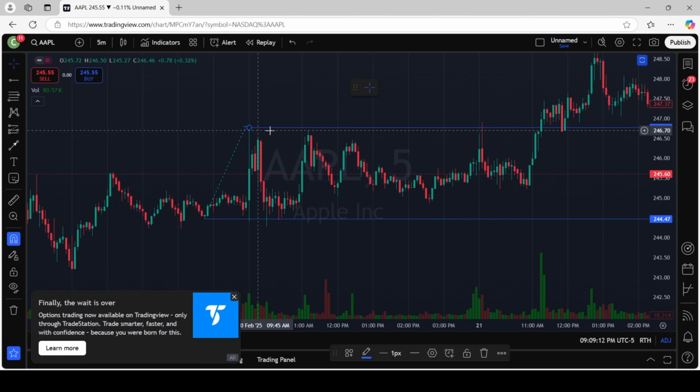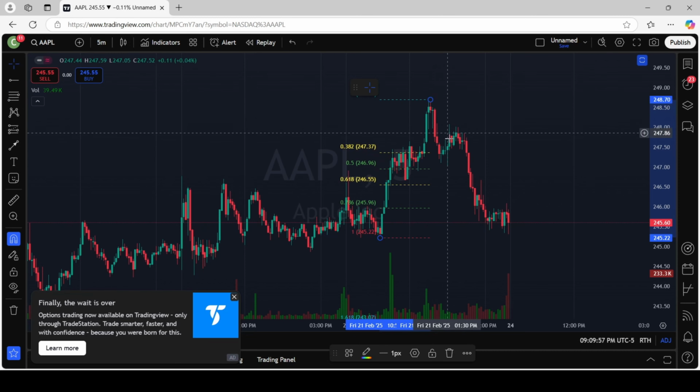And here's one more. All right. Here's one more tool you guys can use. This one right here. Fibonacci. Fibonacci retracement. You go from the bottom, the low, to the high.